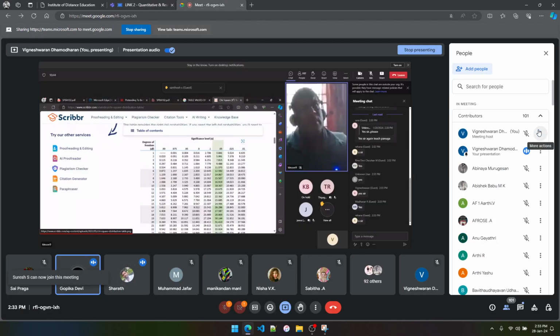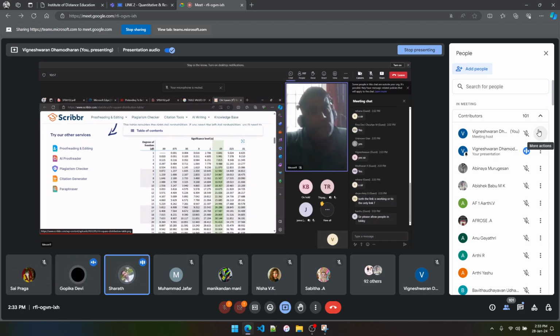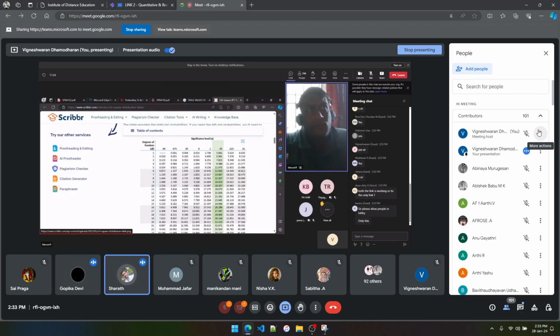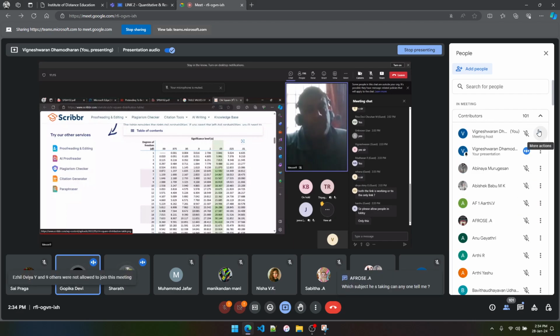To calculate the degree of freedom, we may use the formula n minus 1, where n is the number of attributes. There are two attributes in the present question: number of patients and the type of treatment. 2 minus 1, then the degree of freedom will be 1.